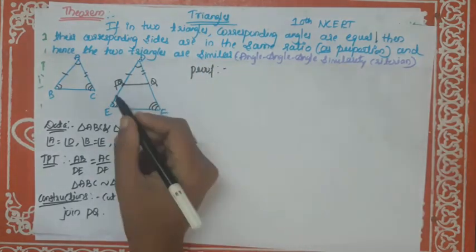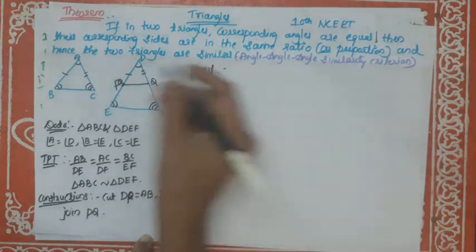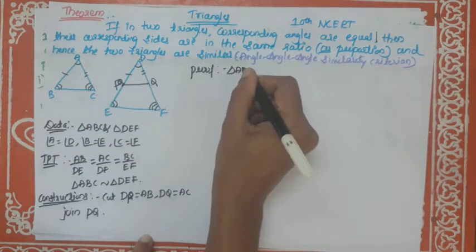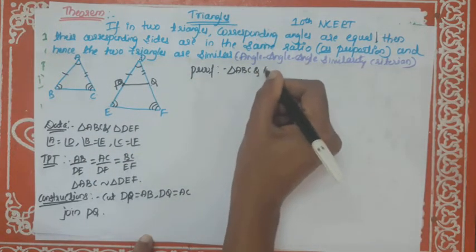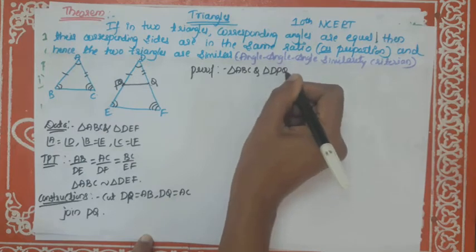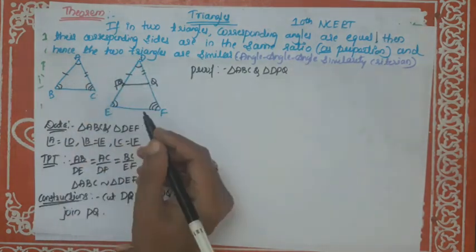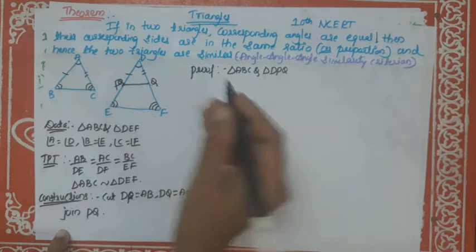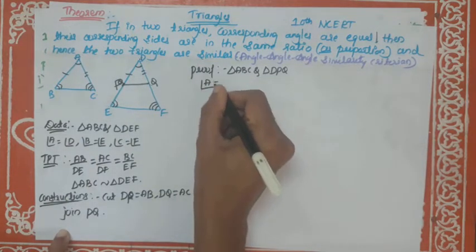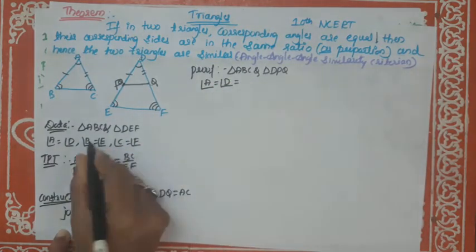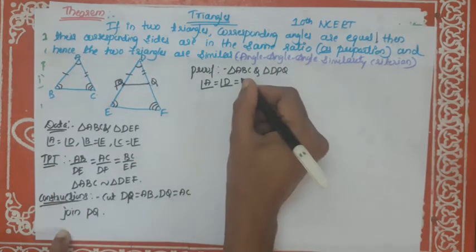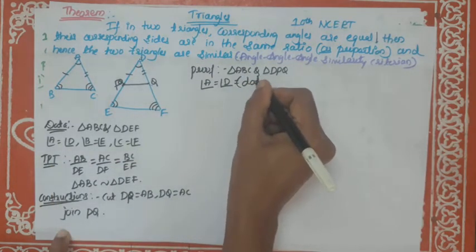Now in the proof, I take these two triangles, triangle ABC and triangle DPQ. In these two triangles, we have angle A equals angle D, this is by data.